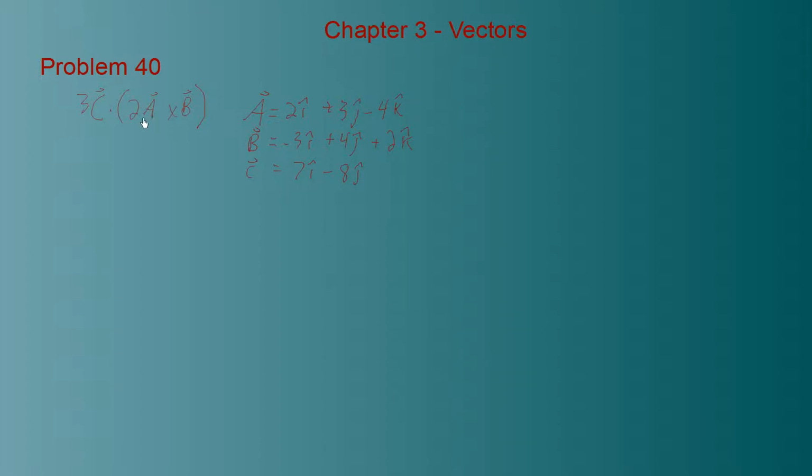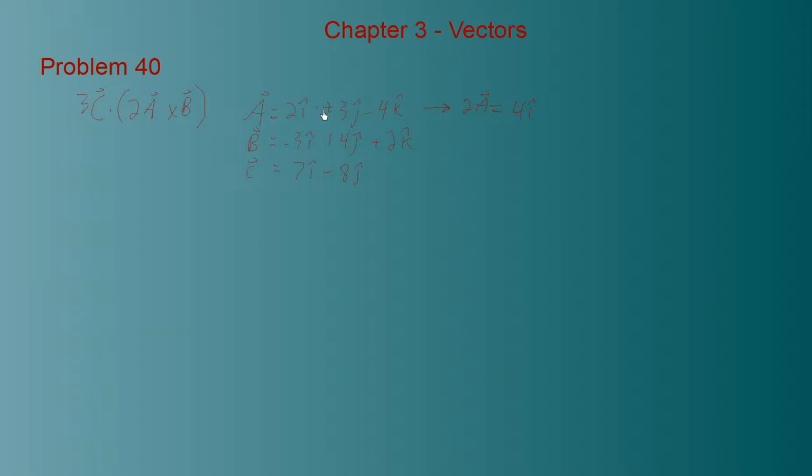So, let's do 2A. What would 2A be? That's pretty simple. It's really just 2 times A. So 2A is going to equal 4I.